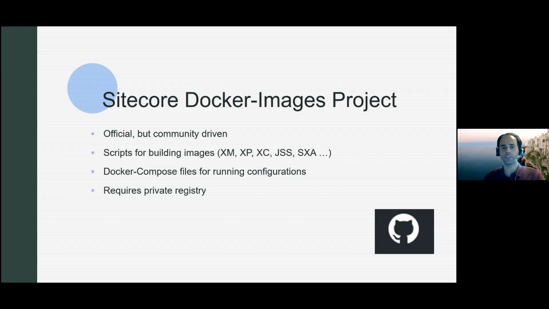The repository has more complex topologies, like XP topologies, starting to be available with Sitecore 9.2. But there are also Docker files for Sitecore versions older than 9.2. The legacy images start from 7.5.